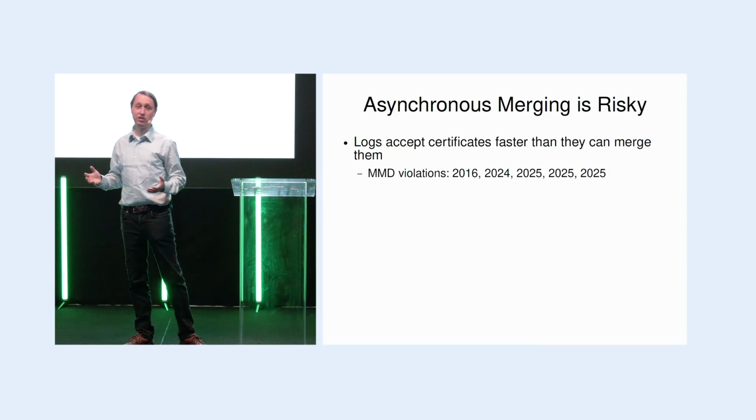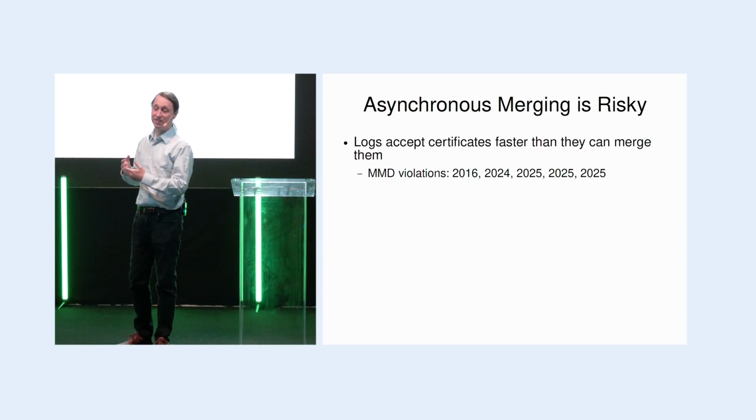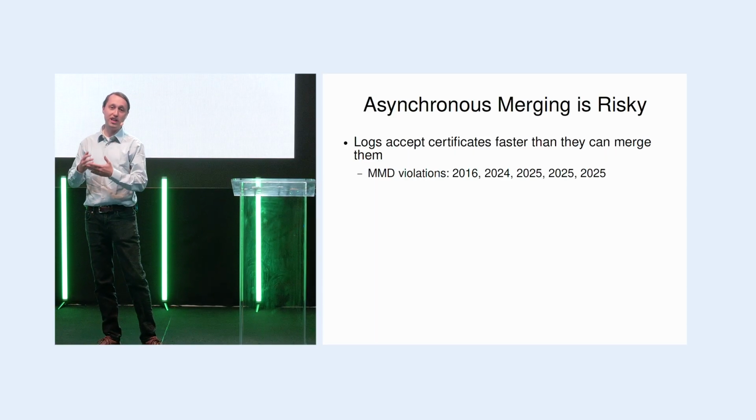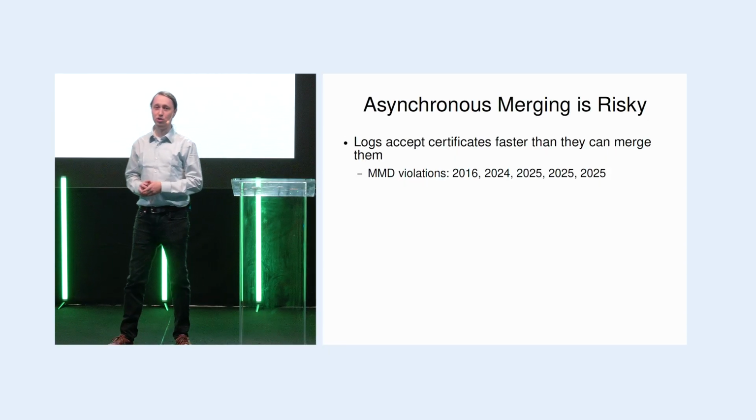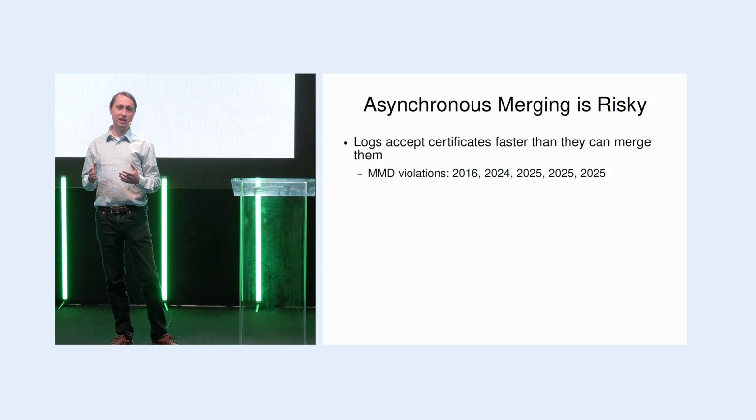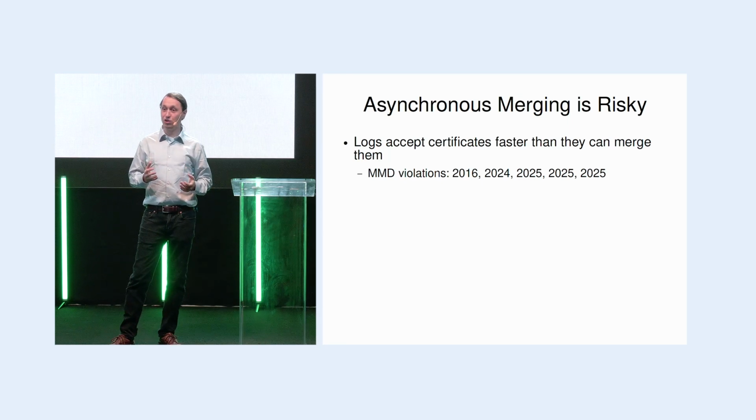And the first problem this has caused is that it enables logs to accept certificates faster than they can be merged. And this is because issuing an SCT and adding a certificate to a queue is a fast, parallelizable operation. But actually processing these queues and merging these certificates into the log, that's slower and inherently sequential.